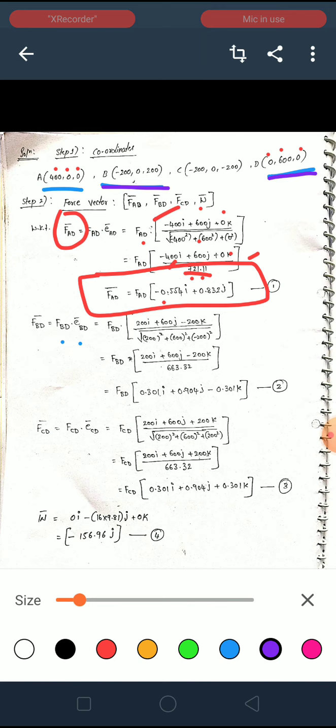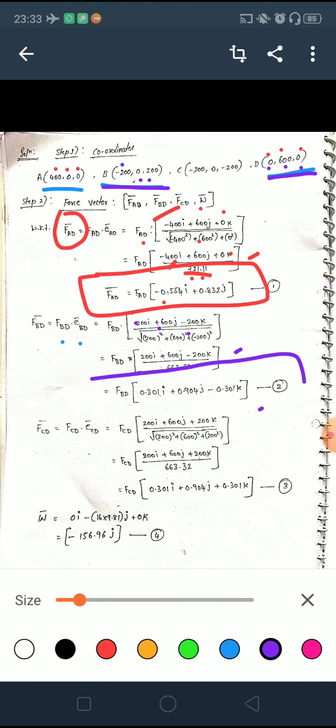Okay, so let's say 0 minus of minus 200, that is plus 200. So you can see here 200I. 600 minus 0, that is 600. Then 0 minus 200, that is minus 200. Okay, divided by 200 square plus 600 square plus minus 200 square. So once again you do the same calculation. So you'll get one more equation, that is force vector BD.